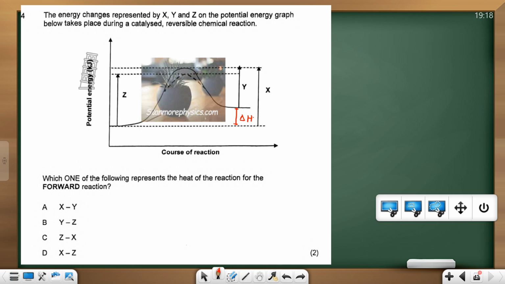So you would notice that the whole of this is X, right? And the whole of this, if we are measuring from the same point, it's more physics than chemistry, is Y. So what's your answer? Does this thing have anything to do with Z? Nope. Z is not starting from the same place.